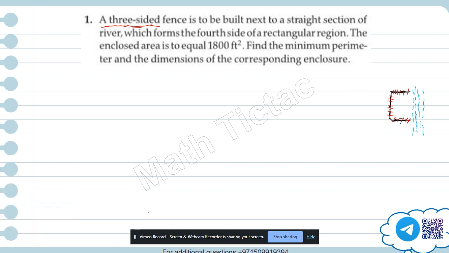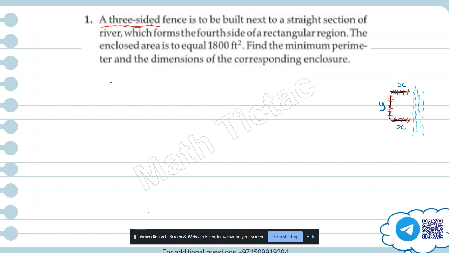If I'm calling the sides, for example, let's say this side is equal to x, then this side is equal to x, and let's call this side y. I don't care if you would like to call this side y and this as y, then this is x, that's fine, you can do that. It's not going to affect your answer.